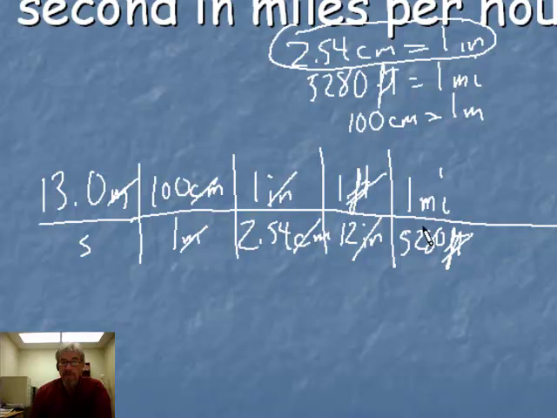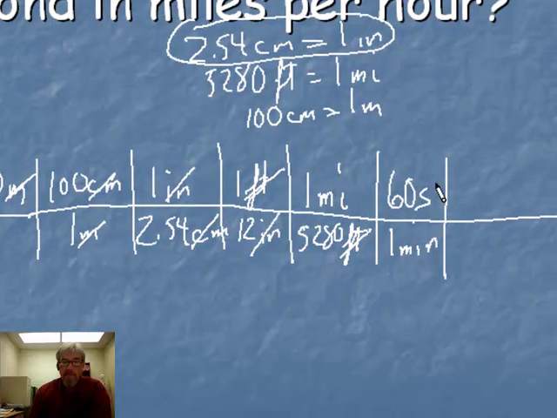Now, if you look at what's going on in the numerator, I have only miles left. That's it. But in the denominator, I don't have the unit that I want. I have seconds. So now I'll start working on that. Here's something everybody knows. 60 seconds is the same thing as 1 minute. So I can cancel off my seconds by multiplying by this factor.